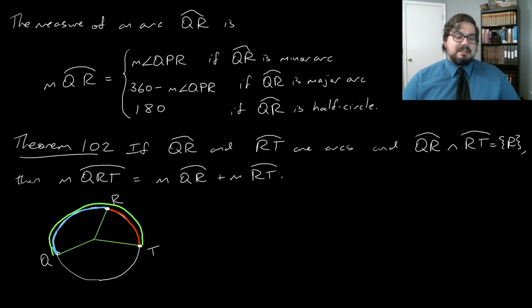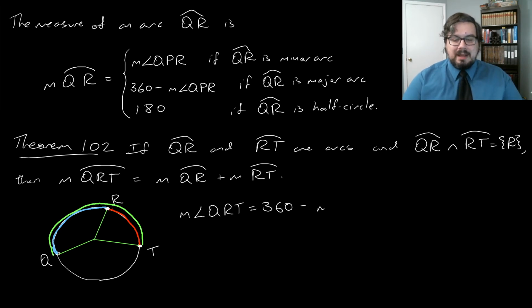In this case, we can see that the resulting arc is major, which means that in this situation, we have that the measure of arc QRT is equal to 360 minus the measure of angle QPT. But in this case, we have that the arcs QR and RT are minor arcs.